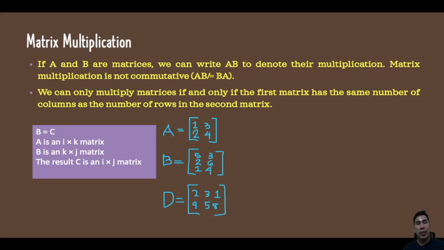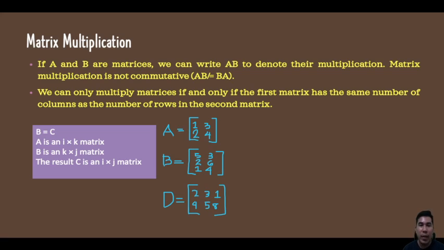Only that there are conditions that we need to follow. We can only multiply matrices if and only if the first matrix has the same number of columns as the number of rows in the second matrix.